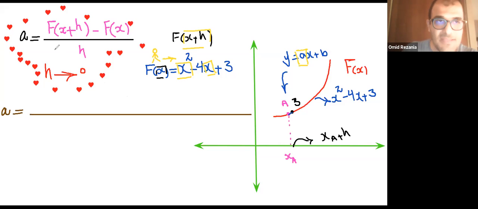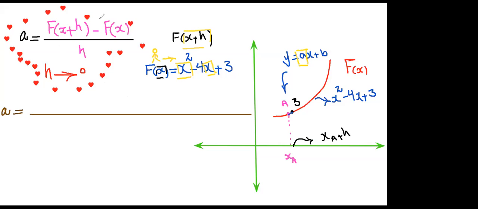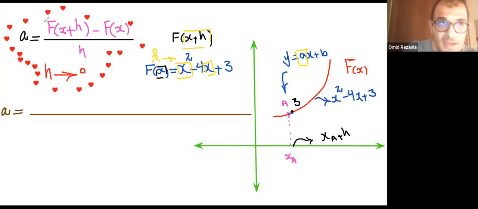I'm going to do the same thing here. Look at the first term which I have. The first term in my formula here is this, f of x plus h. I'm going to construct the same expression, but with these polynomials which I have. I just start from here. Wherever I see x in the polynomial, I put x plus h.